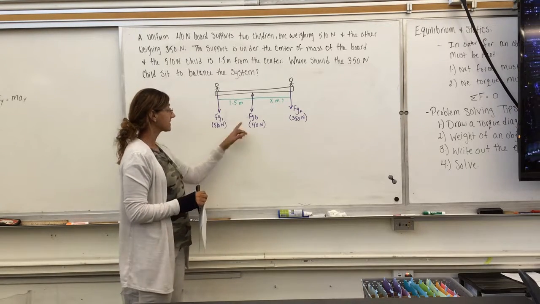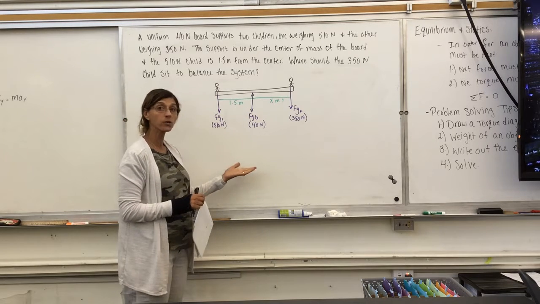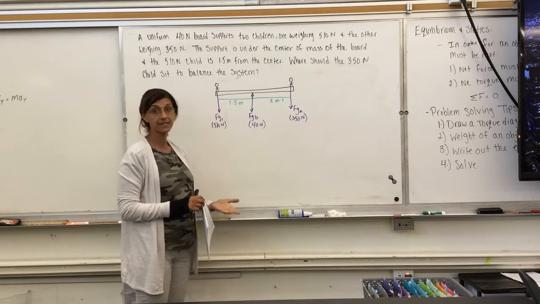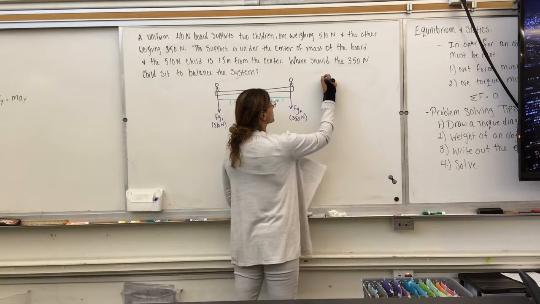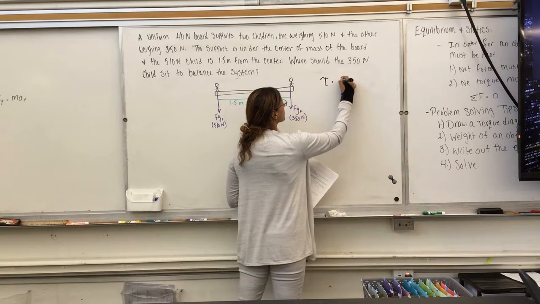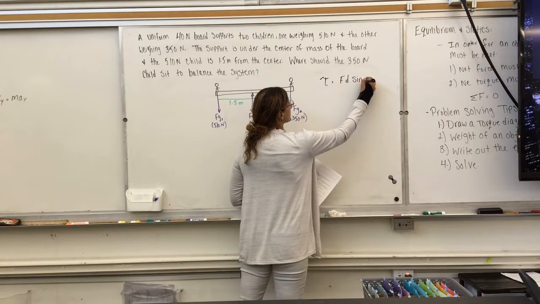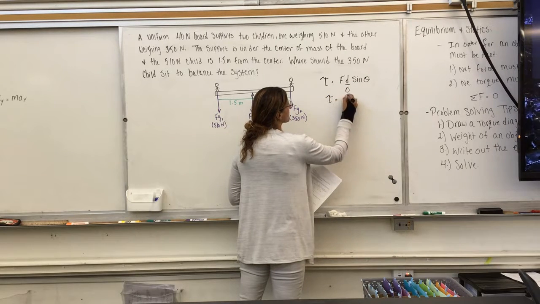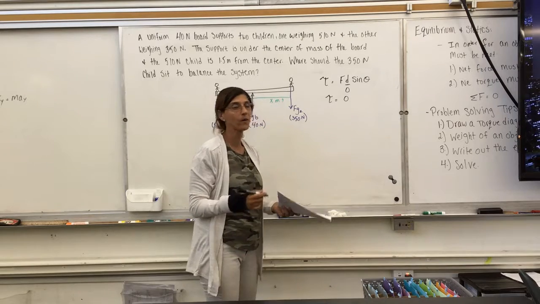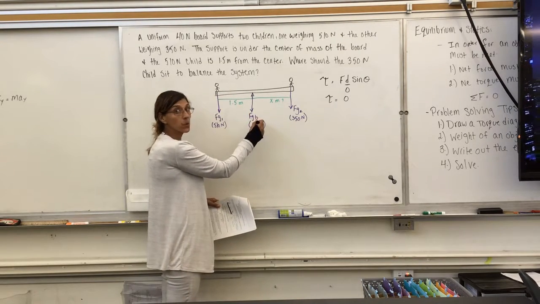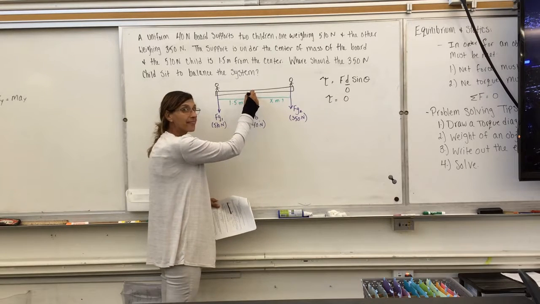If you're looking at this and trying to figure out how many torques there are, well, you can only have a torque if you have distance, right? Because the torque equation is F d sine theta. If this is 0, then your torque is 0. So you can't have a torque if you don't have distance. If you notice, the Fg of the board is exerted right at the pivot.